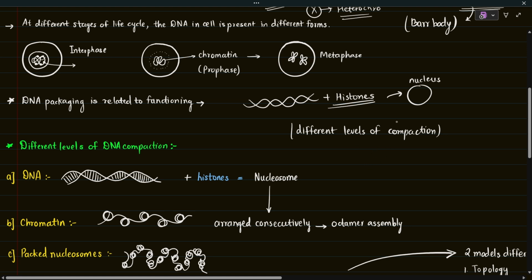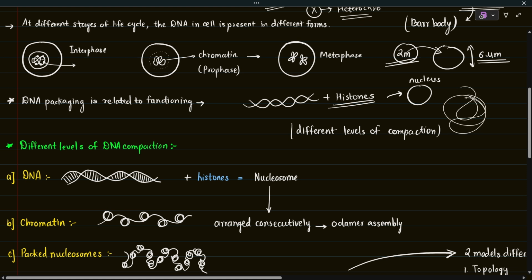See, each cell has around 2 meters of DNA. And what is the dimension of the cell nucleus? Its dimension is 6 micrometers. So in such a small place you have to put 2 meters of DNA. What option do you get? You have to wind it and put it in the cell nucleus, right?